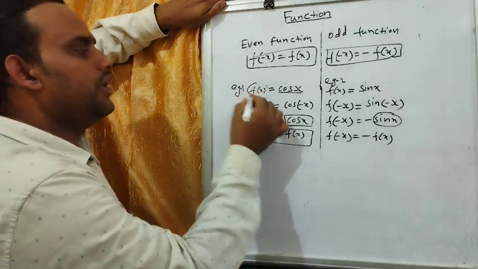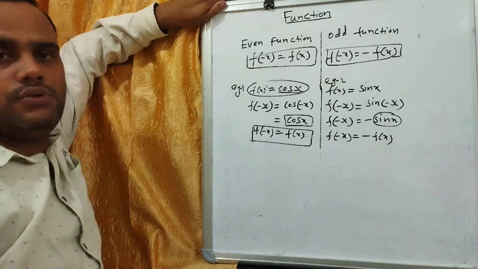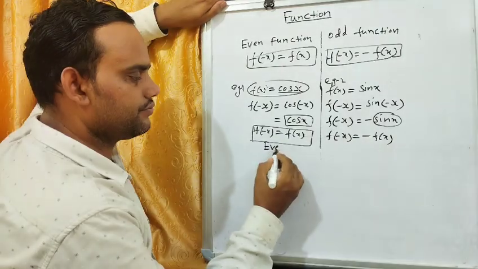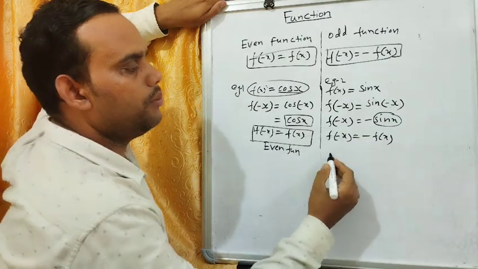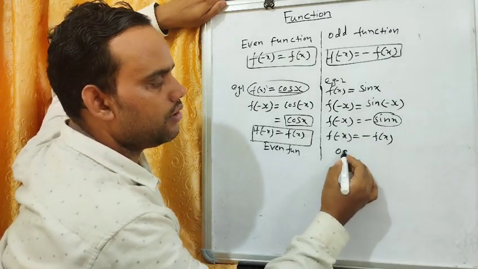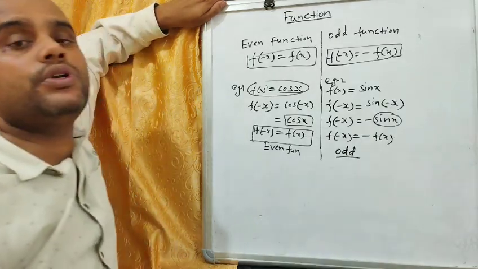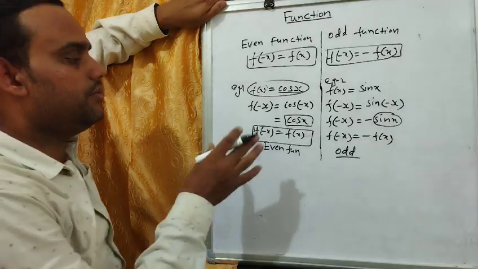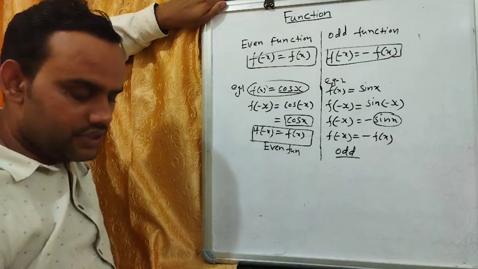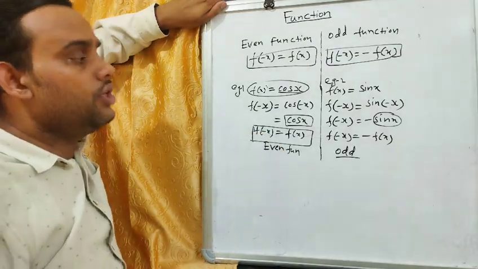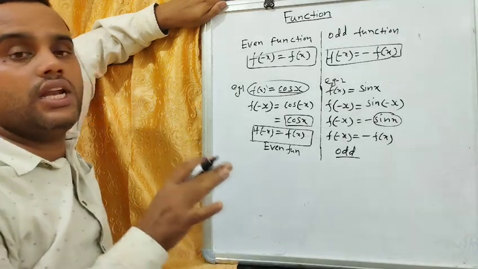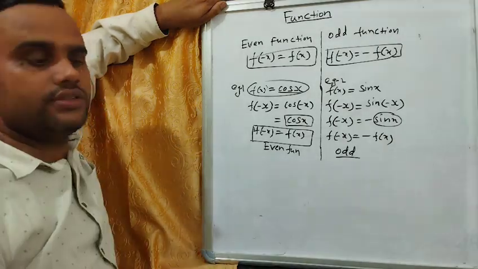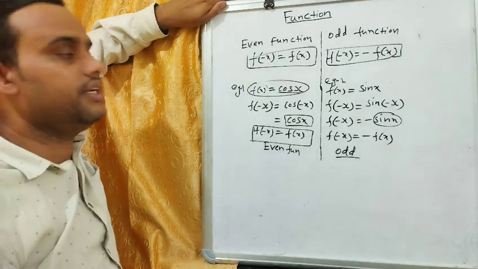So now we observe example 1, f of x equals cos x. Cos x is an even function, but sin x is an odd function. This is very important when you go to definite integrations, where even and odd function applications matter. In trigonometry there are 6 functions: sin x, cos x, tan x, secant x, cosec x, and cot x.